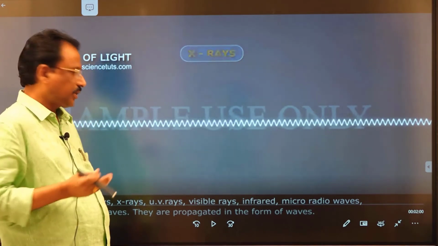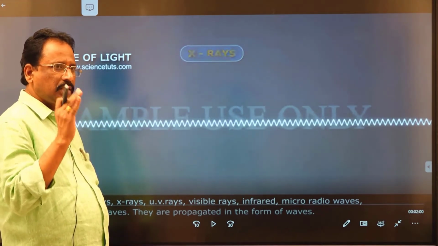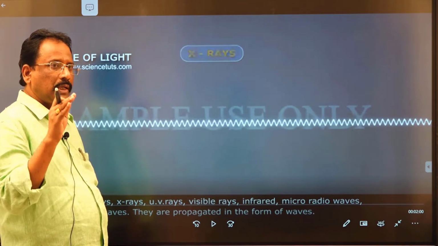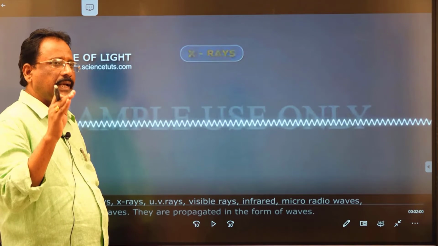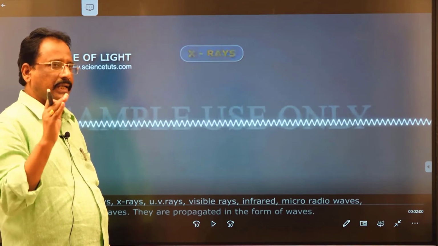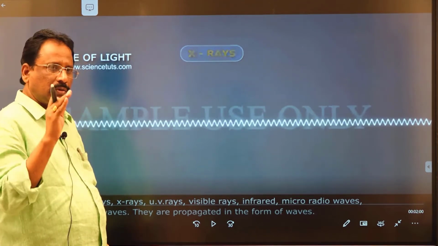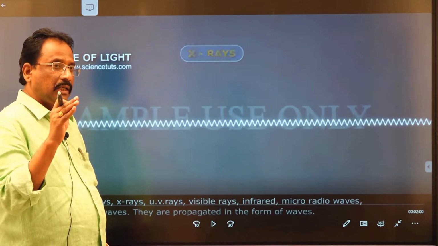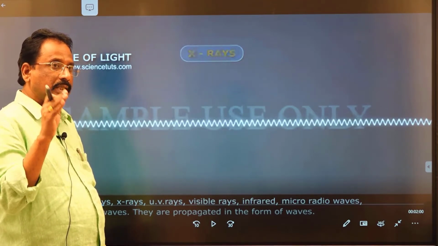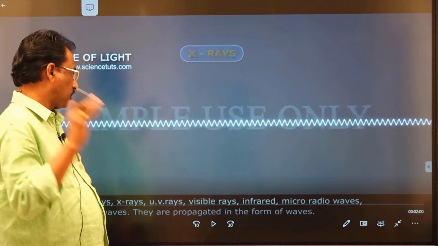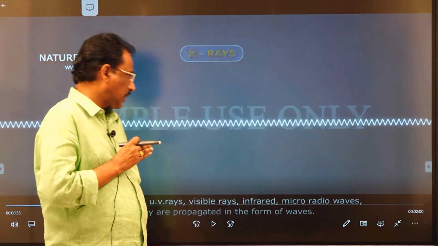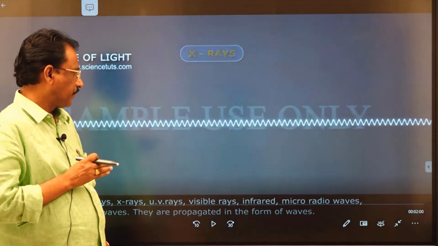For visible radiation, the wavelength range is 3800 angstrom to 7600 angstrom. For violet light, the wavelength is 3800 angstrom. For red color, the wavelength is 7600 angstrom. After that, microwaves are used in radar systems.